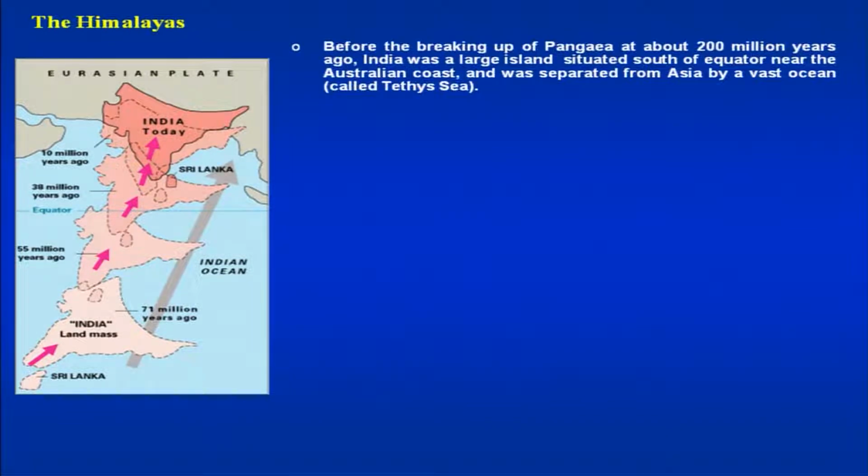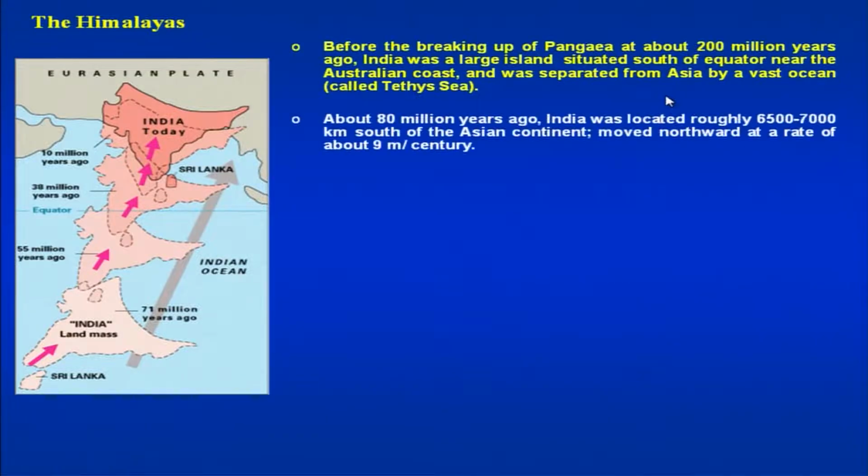Before the breaking up of Pangea, India was a large island situated south of the equator near the Australian coast, and this was, as you remember, part of Gondwana land.